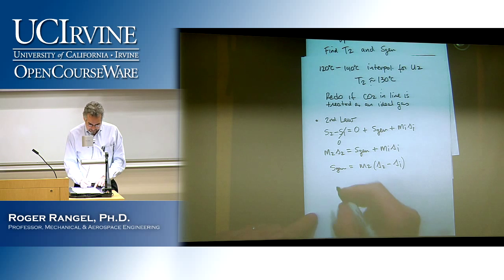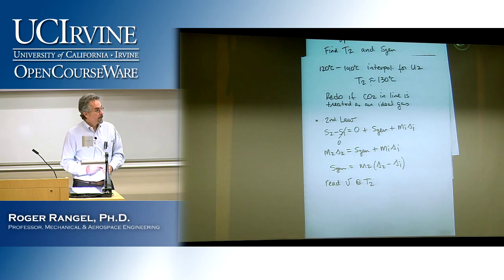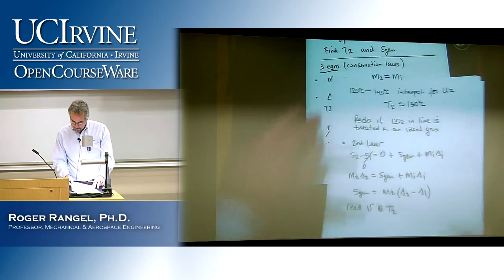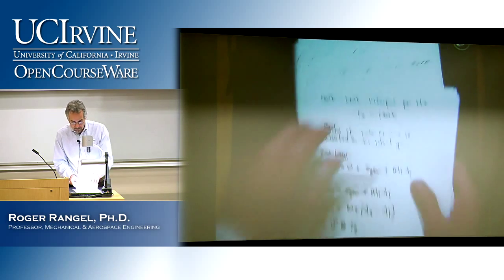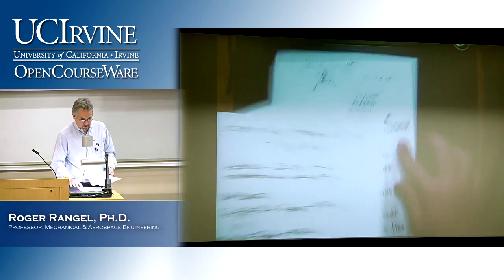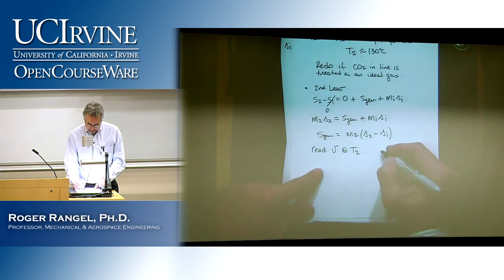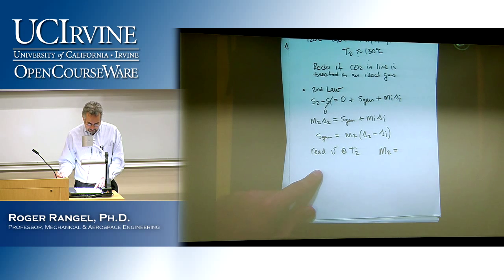So I can read v at the final temperature, which is this 130. And now that I have the specific volume, since I was given the volume of the container, the 0.2 cubic meters, then I can find m2 as V over v2.